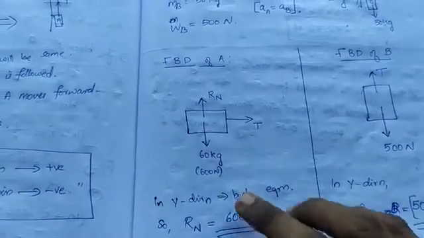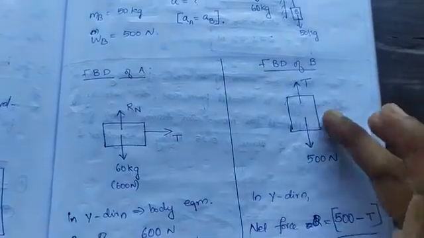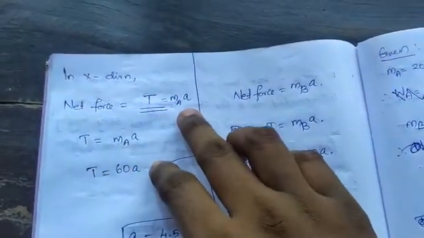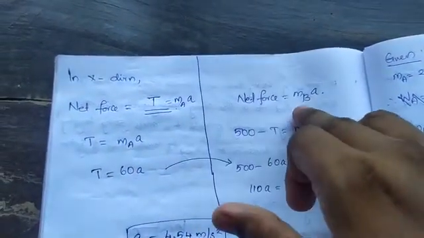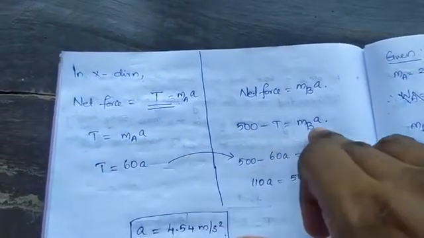In the y direction the net force is 500 minus T, since it is moving along this direction, and in the x direction it is T, which is equal to ma into a. Here it is equal to mb into a. So T is equal to ma into a, and 500 minus T is equal to mb into a.